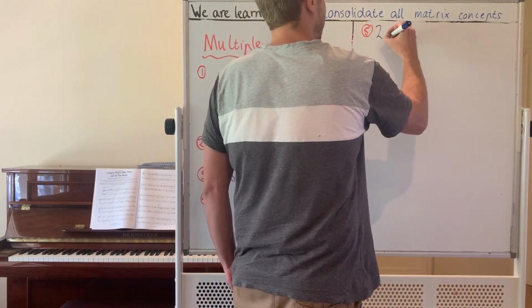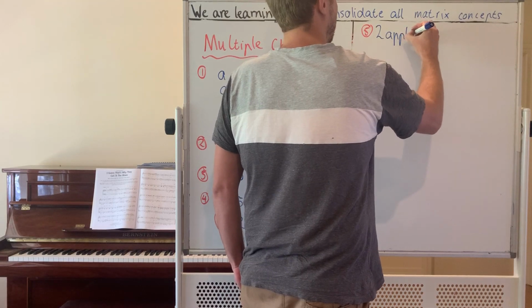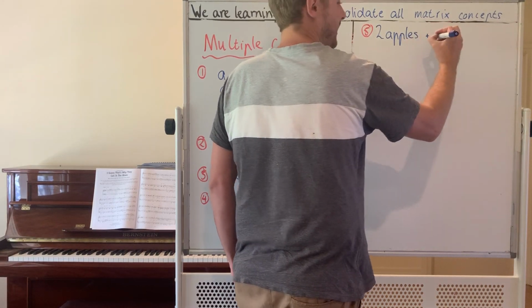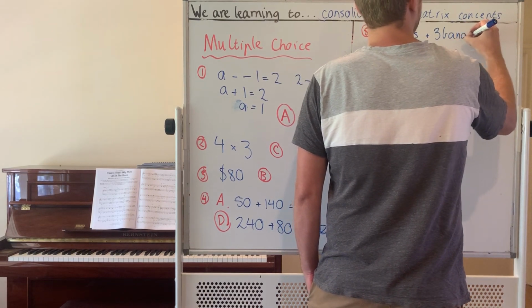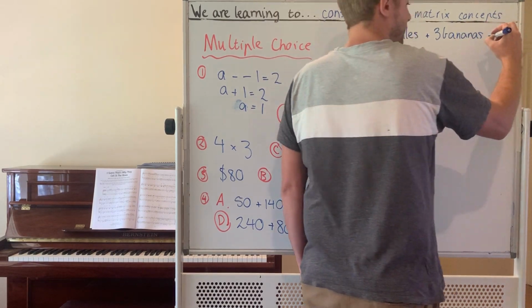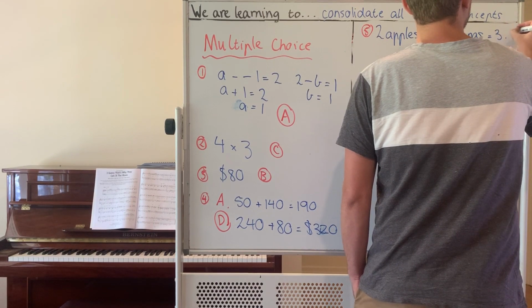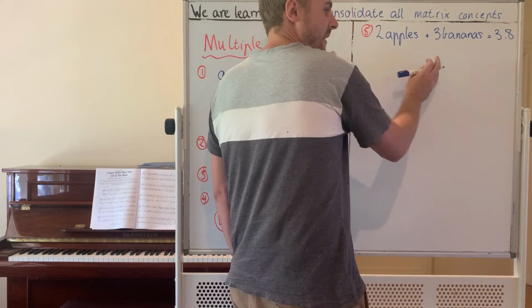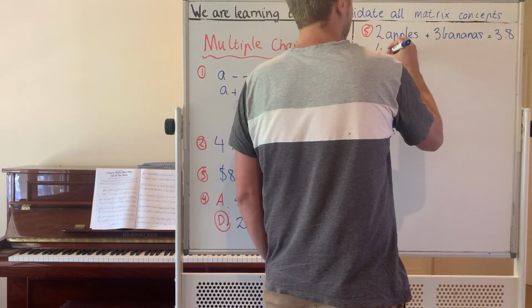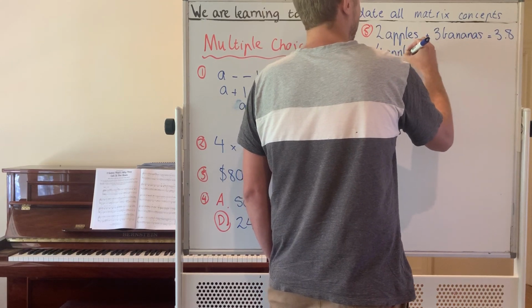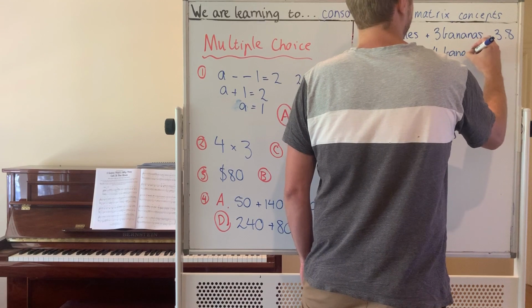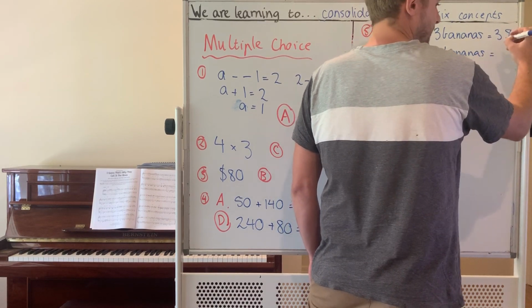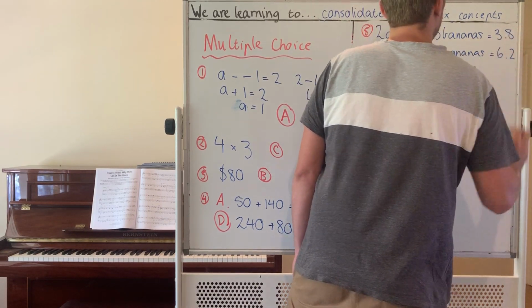So here we have 2 apples and 3 bananas is equal to $3.80, so now at 3.8. The second time she goes, 4 apples and 4 bananas is equal to $6.20.